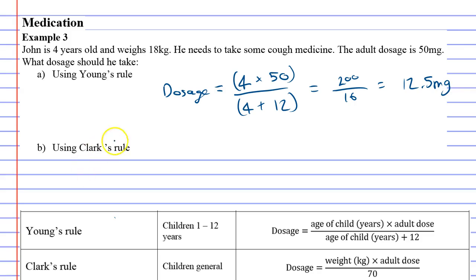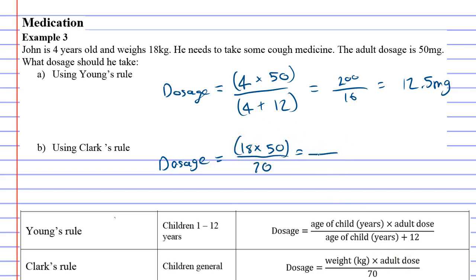Let's do the same thing, except with a different formula, Clark's rule. It's a fraction again. It's all over 70, so we'll put the 70 down the bottom. It says weight in kilograms, so 18 kilograms, times the adult dosage, which is 50 milligrams. Remembering we should put this part at the top in brackets.